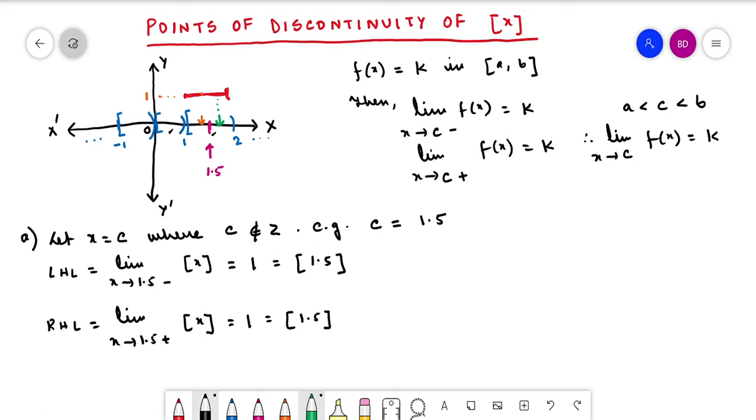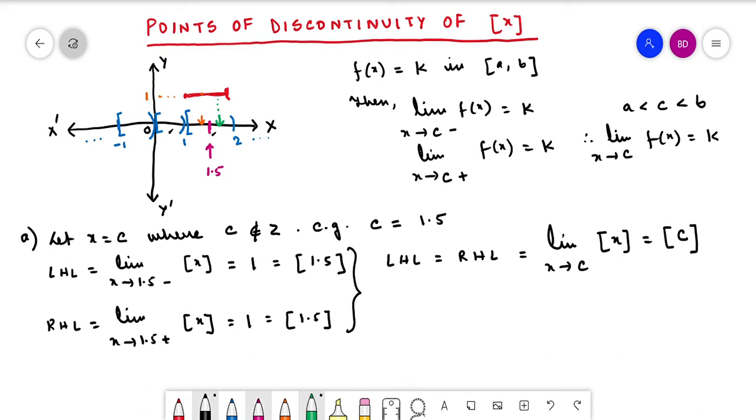Now if I want to generalize this, because I have shown this with a particular example where c is 1.5, suppose c is any non-integral value like 1.5 or 0.5 or 2.5 or 2.2 or 1.7. There we see that left hand limit equals right hand limit equals the limit as x tends to c of box x, which is nothing but box c.